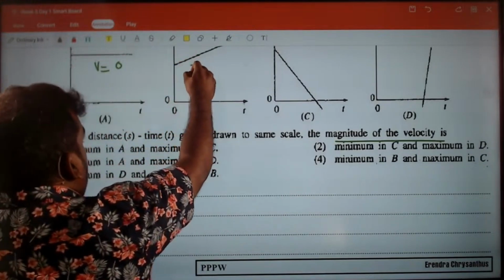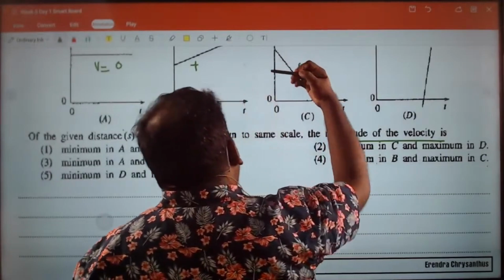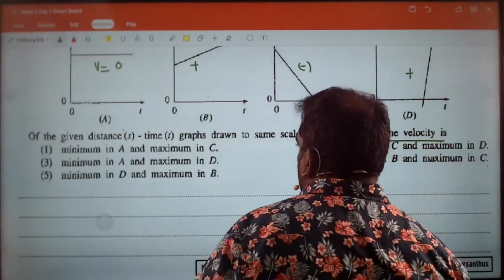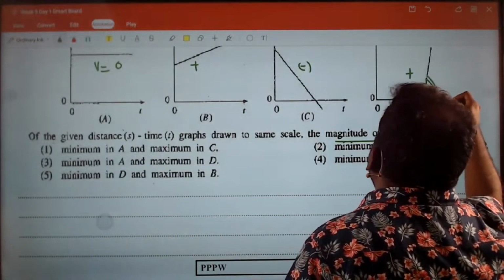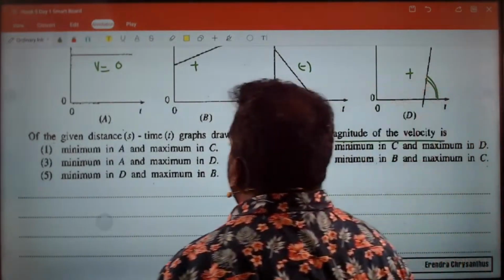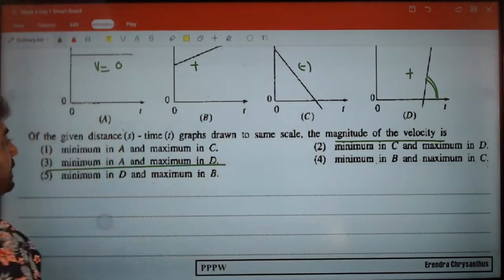Positive gradient, positive velocity. Negative gradient, negative velocity, which means going backwards. Here also positive gradient, positive velocity. But which has the bigger gradient? This has the bigger gradient. So maximum is at D, minimum is at A. So your answer is answer number 3.